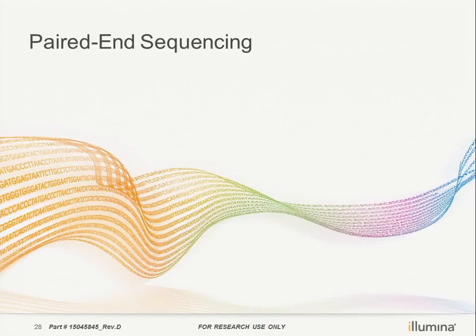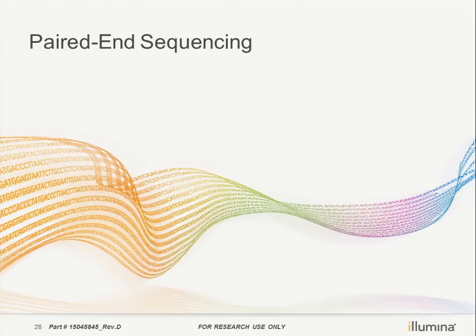The next part I want to introduce is paired-end sequencing. How many of you have never heard about paired-end sequencing? That means all are familiar. Paired-end sequencing is a unique technology that we use and has a lot of advantages, such as overcoming the repetitive regions of bacteria or some genomes.